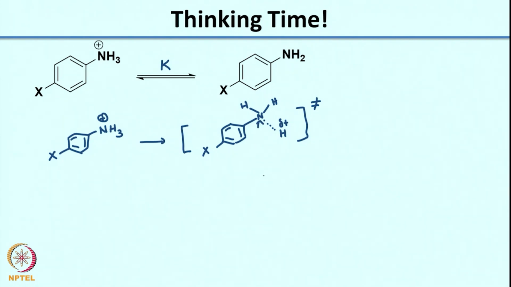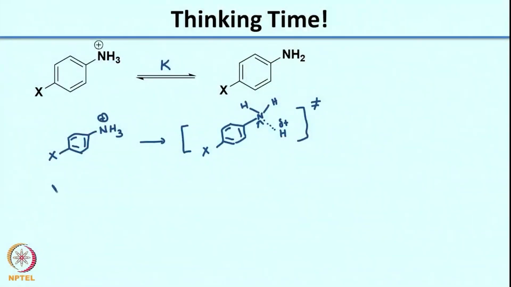Now what you need to think of is, as you vary the substituent on the aromatic ring, what effect it would have on the reaction. As I told you, the easiest thing to do is look at two extreme situations where you have X as NO2 and X as say OMe or OH, you can use either of these cases.